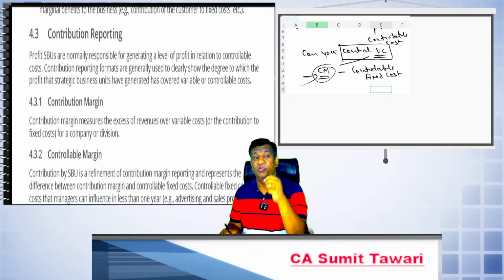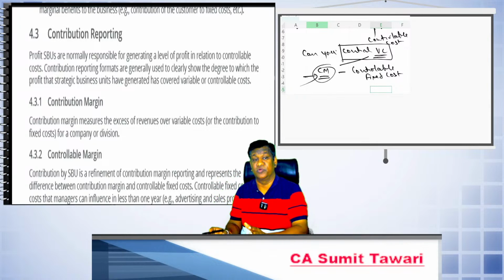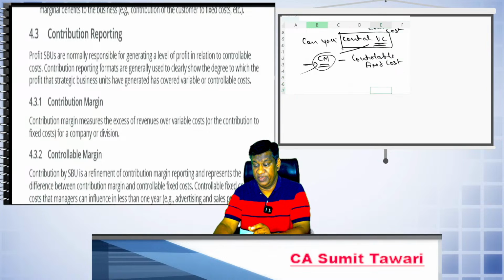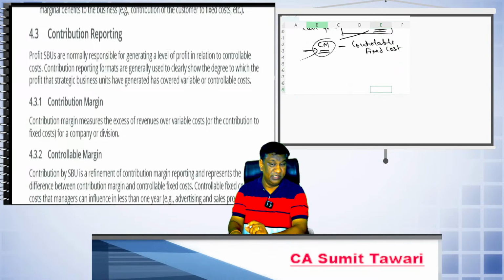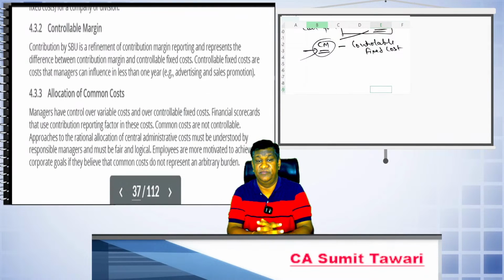So always start your evaluation from the contribution margin, then make sure what the controllable fixed costs or controllable margin are, and accordingly evaluate. Clear? Any doubt here, or any point which you feel we need to discuss?